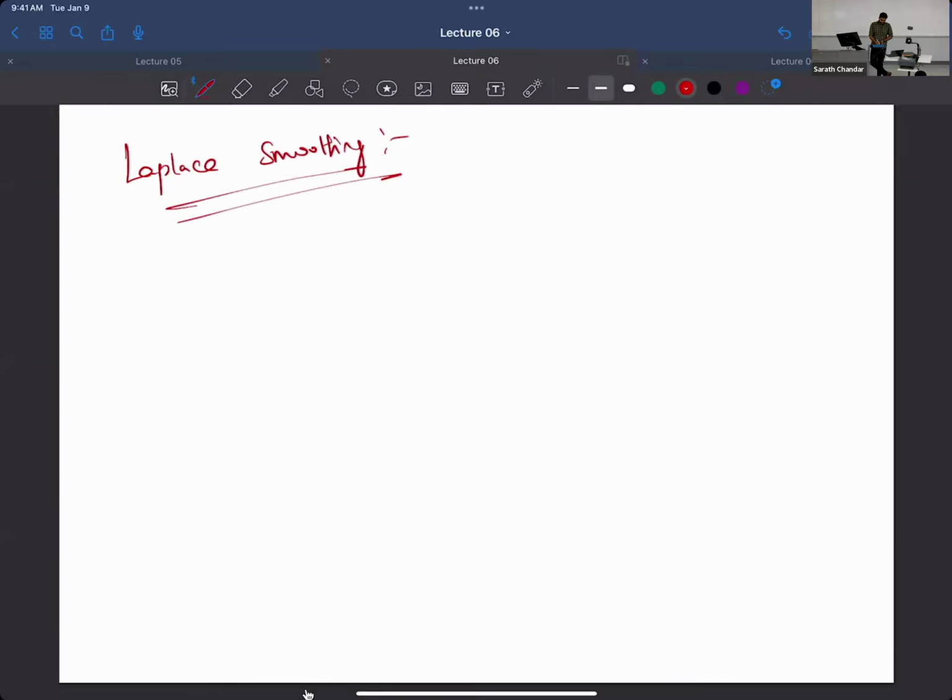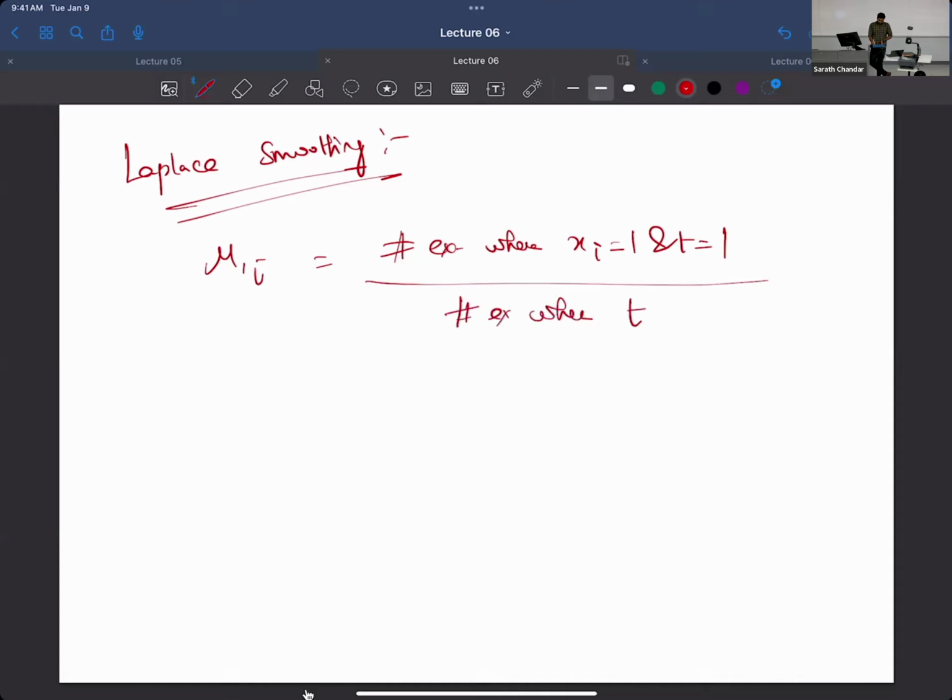Which basically says, mu1i, which was originally the number of examples where xi is equal to 1 and t is equal to 1, divided by the number of examples where t is equal to 1, right? So I'm going to assume that this word occurred at least once, even though it doesn't occur in the training set.